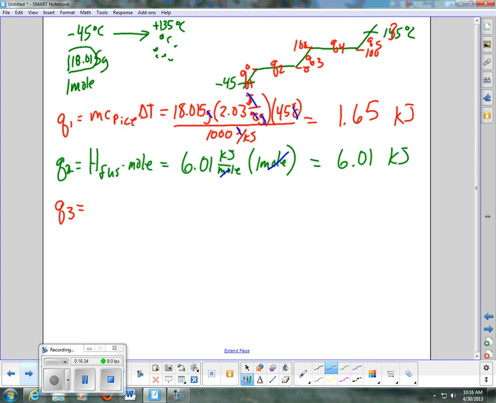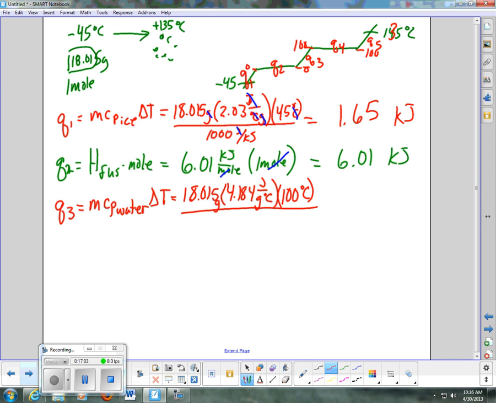Q3, what's happening? M C_P water, good, times delta T. So mass again, 18.015 grams times 4.184 joules per gram degree Celsius, thank you, times, what's my change in temperature? 100. 100, good.